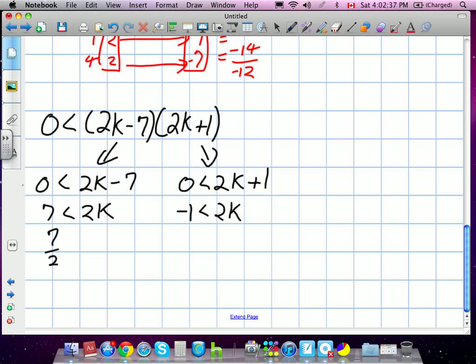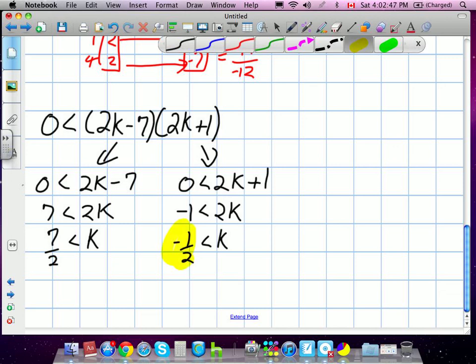And then we're going to get, we need values of k that are greater than 7 over 2 or greater than a half when we did this. Okay. They need to be greater than those two values. So when we look for values of that, there are many different options.